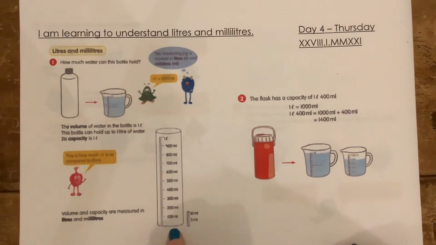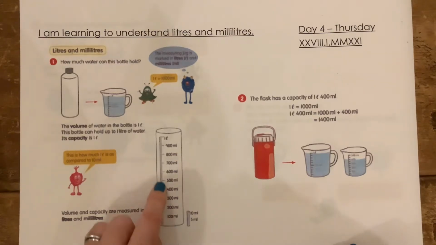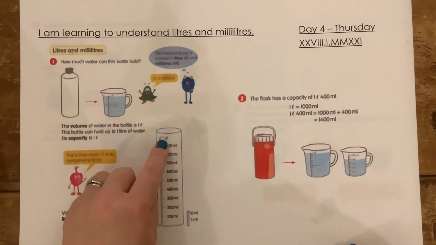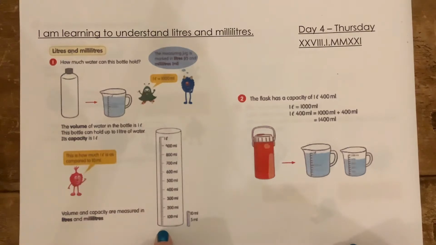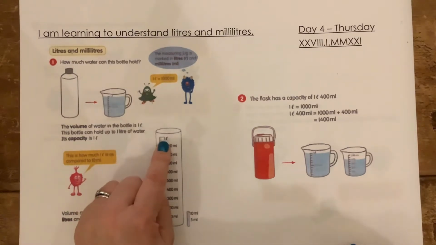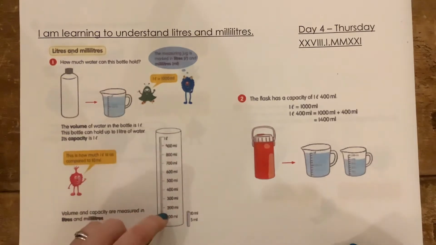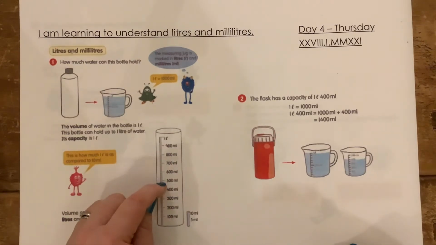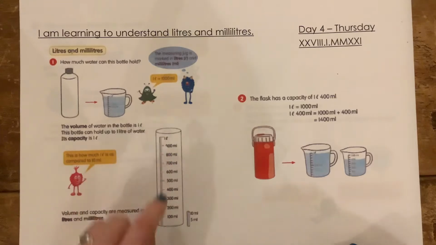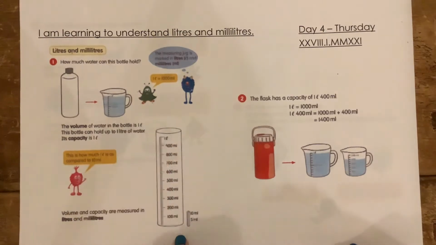So if we have a look at this flask here, we can get a really good idea of the scale. And much like yesterday, we need to pay careful attention to what's at the top of the scale and the smaller measurements as well. We know we've got 1 litre at the top, which is the same as 1,000 millilitres. And then there are 10 bigger sections, markings on the scale on the way up.